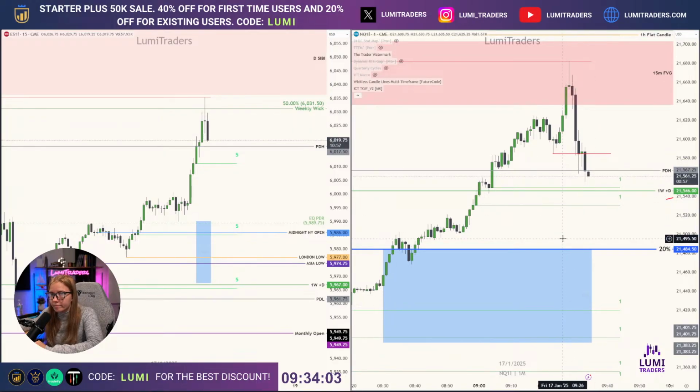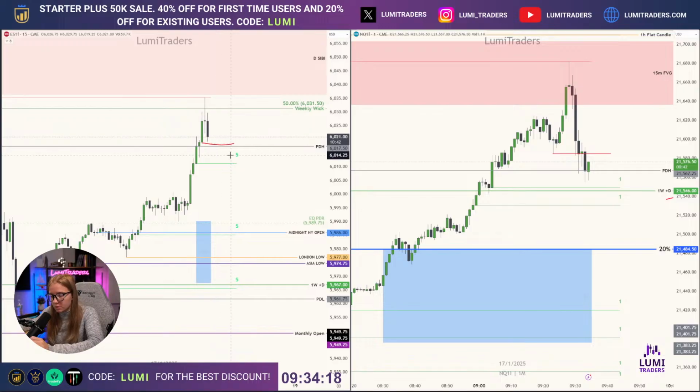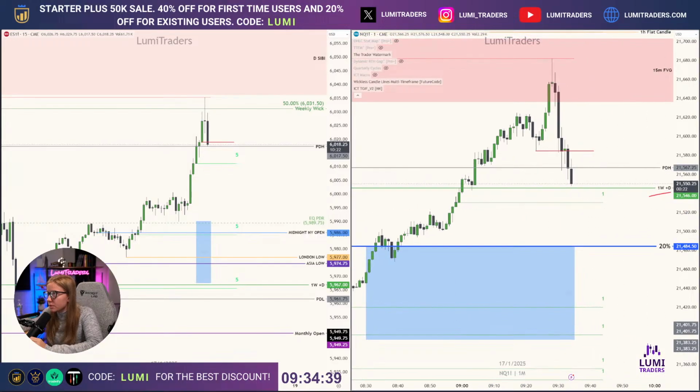By the way, look at ES, it's a little bit weaker than NQ. Okay, makes sense to wait for the closure below this candle right here at least. So trying to break below weekly distribution level.